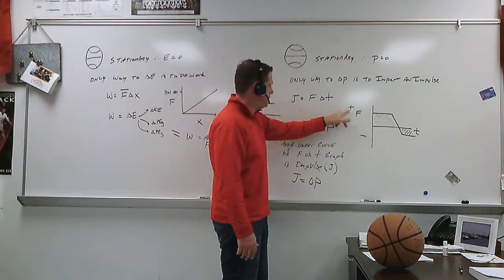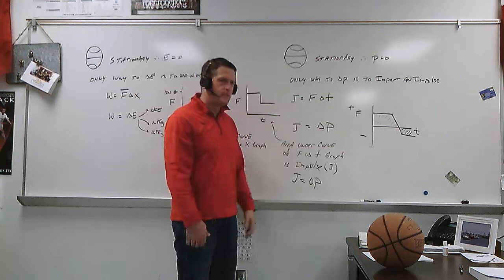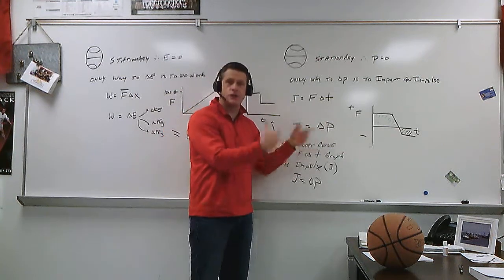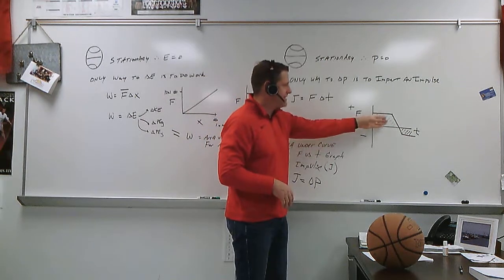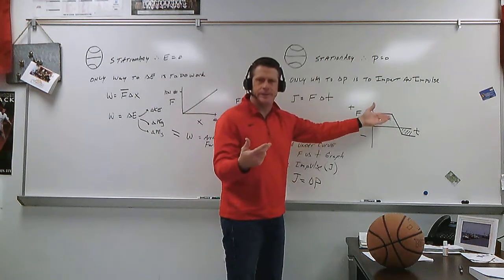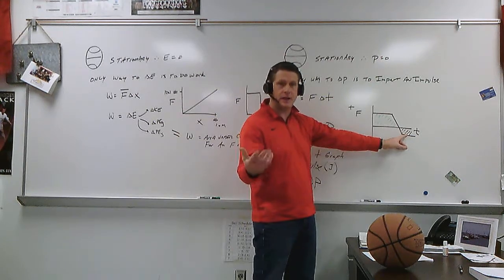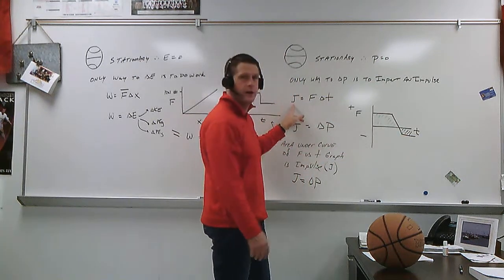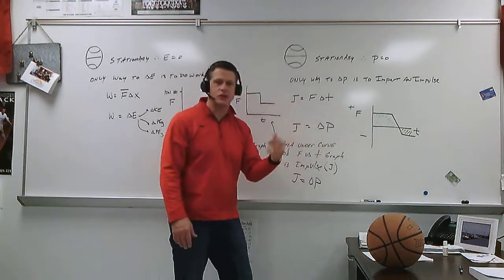So a positive force would lead to a positive impulse, which would cause a positive change in momentum. But as this tries to add to the momentum in a positive direction, this is under the axis, which means the area under the curve is a negative area under the curve or a negative impulse, which would lead us to a negative change in momentum.